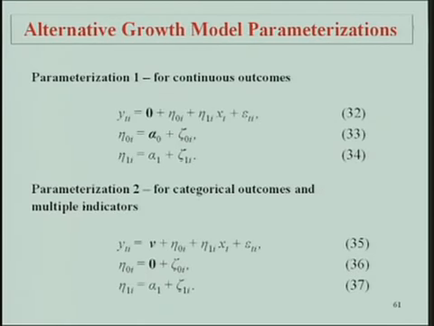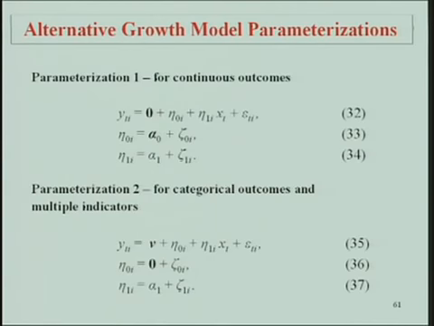Finally, we're going to take a look at two parameterizations as we go forward today. One is the one that we've looked at so far. Namely, we have here written out the invisible zero intercept, in which case you estimate both alpha 0, the mean of the intercept growth factor, and alpha 1, the mean of the slope growth factor. But there's an equivalent parameterization which we're going to use for categorical outcomes and for multiple indicators.